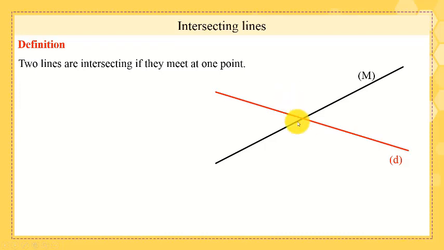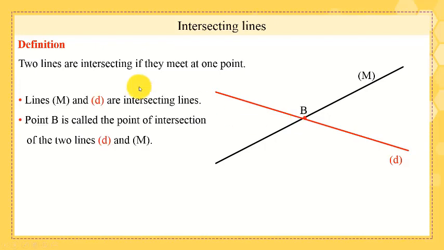The intersecting lines share a common point, which is called a point of intersection. So, lines M and D are intersecting lines. Point B is called the point of intersection of the two lines D and M.